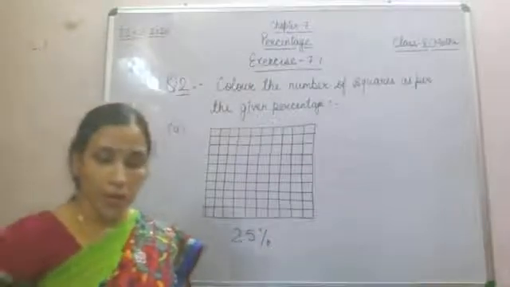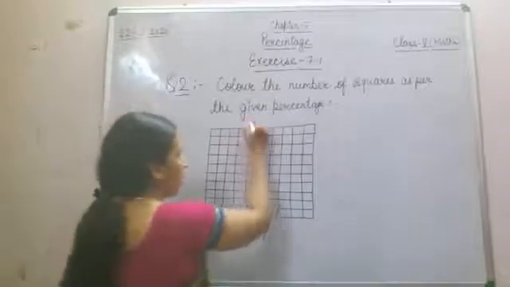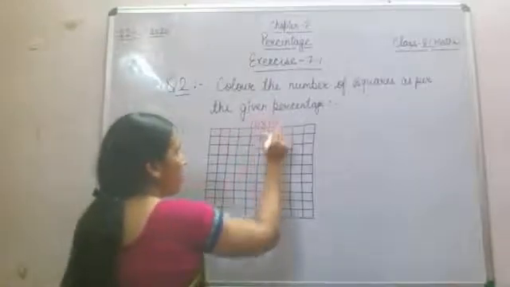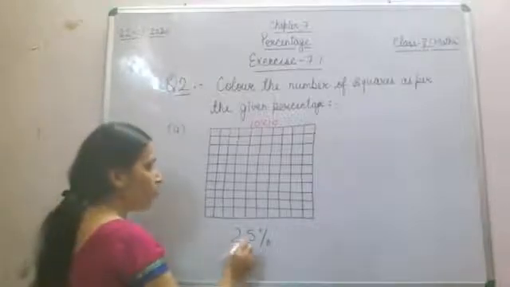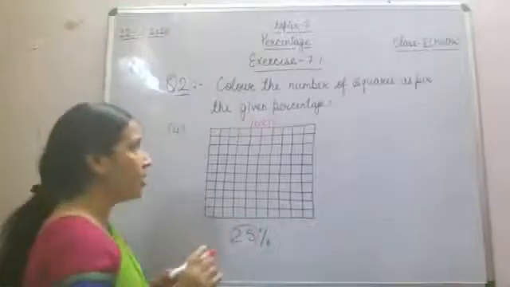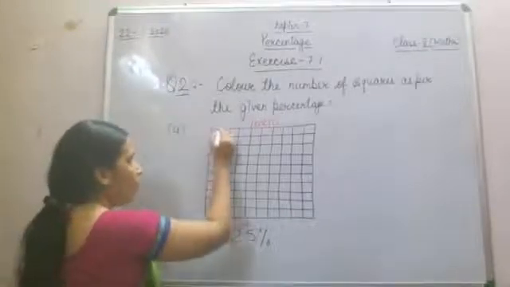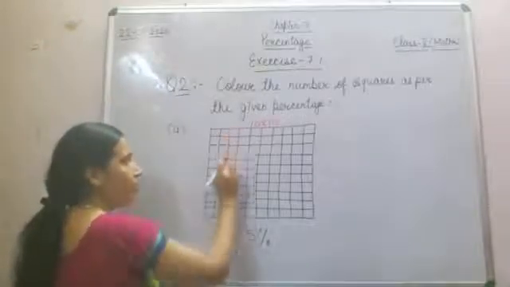Now here you can see this grid is 10 by 10. It means 10 rows and 10 columns. So if you have to represent 25, how many rows or columns will you shade? You will shade 1 full 10, then another 10, that is 20, and then 5 you will shade.